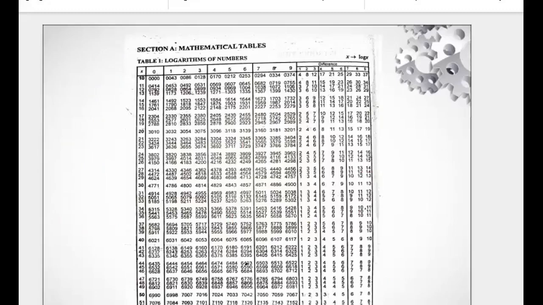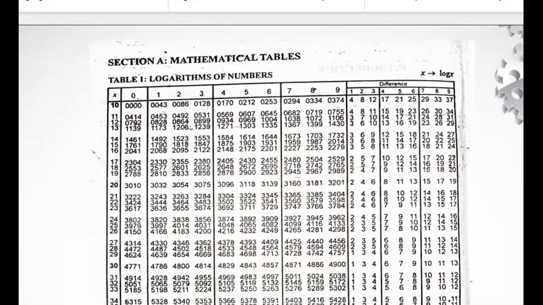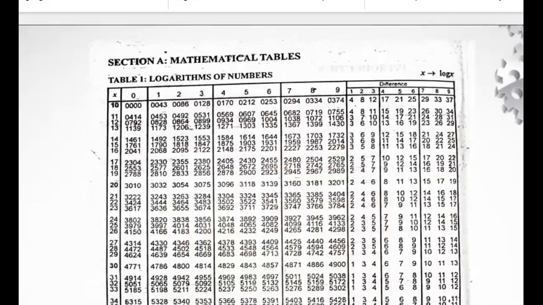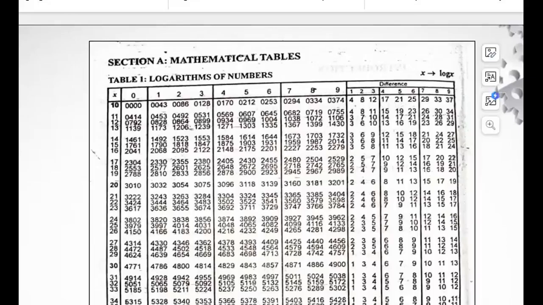Now, here is just a preview of how our 4-figure table could look. This is just how it looks. It begins from 10 and ends at 99. Although I just cropped the first page, it begins from 10 and ends at 99.